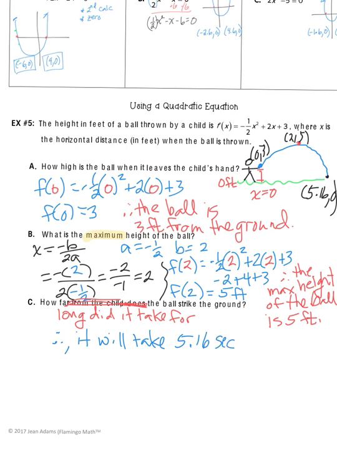I'm assuming this is in seconds. She didn't say otherwise. It will take 5.16 seconds for the ball to hit the ground. If it's minutes, boy, that's quite some child with an arm, I'll say.